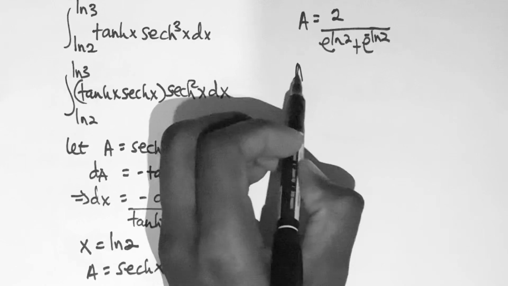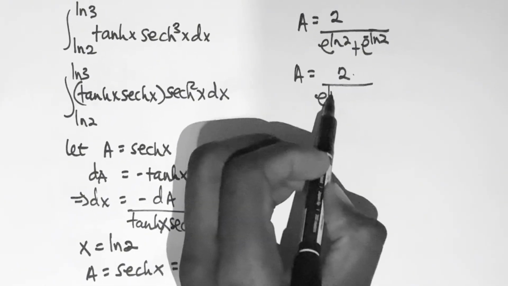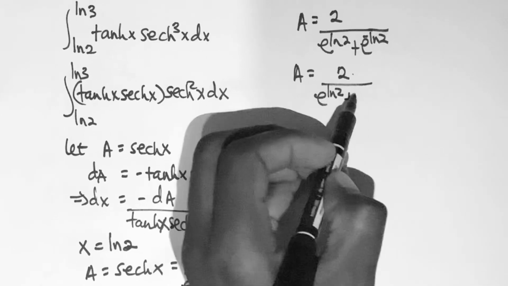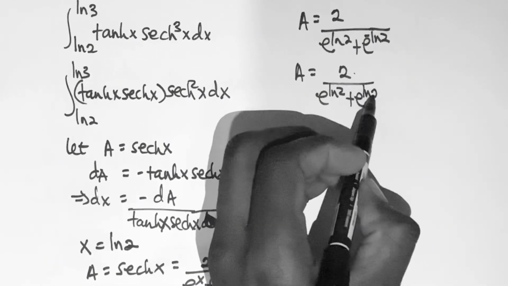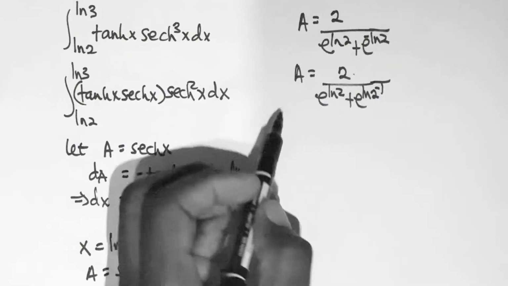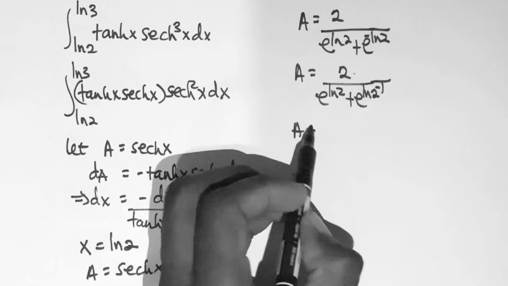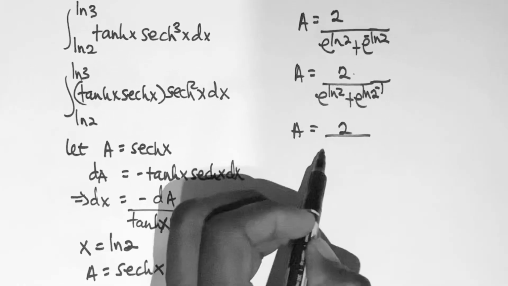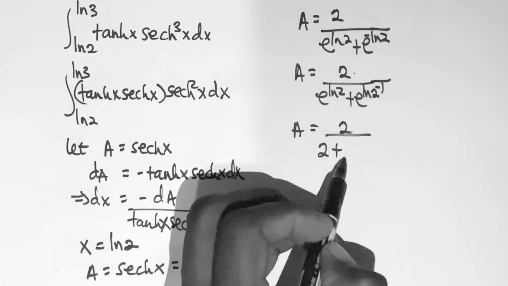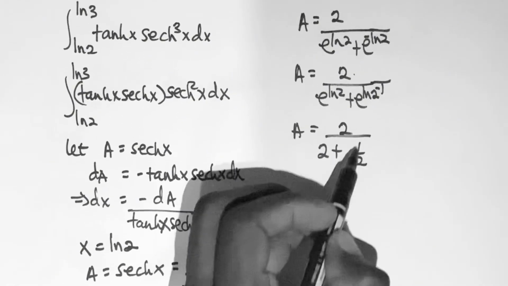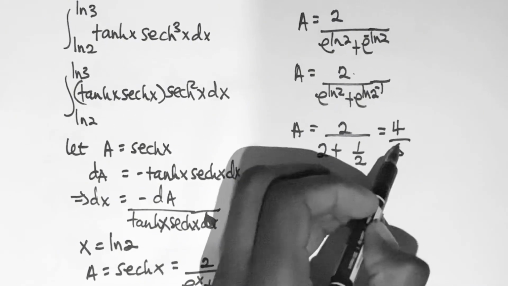So a is equal to 2 divided by 2 plus 1/2, and this is equal to 4 over 5.